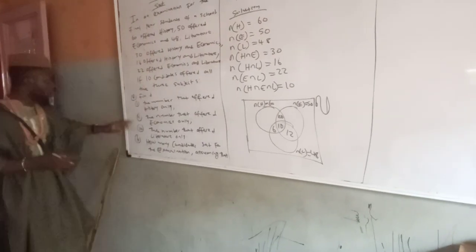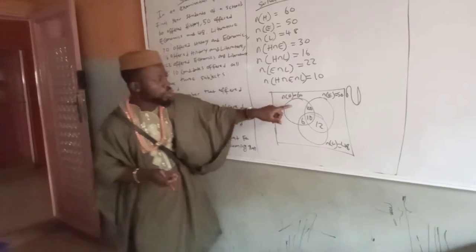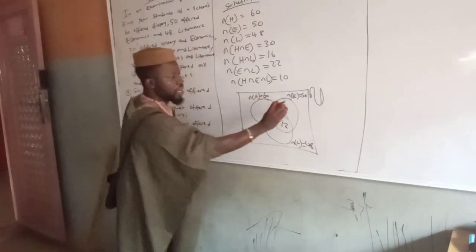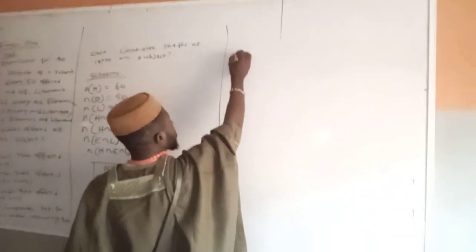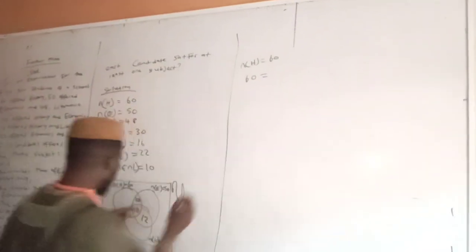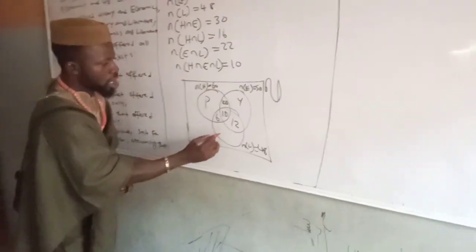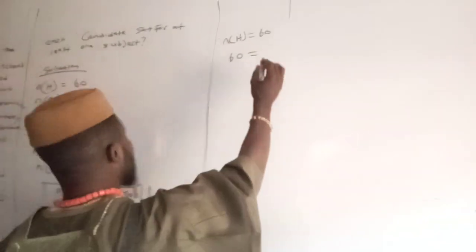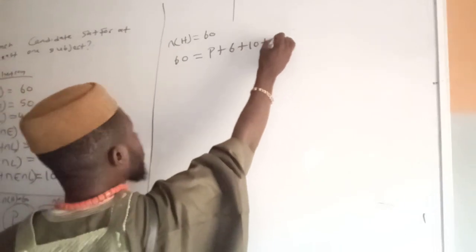Now to get the questions we are given, which are the only ones, what you will do is to write n of H. This place is where we are looking for, here. So H is 60. So n of H equals 60. Let's call this place P, let's call this one Y, and let's call this one Z. So I will now have 60 equals P plus 6 plus 10 plus 20.